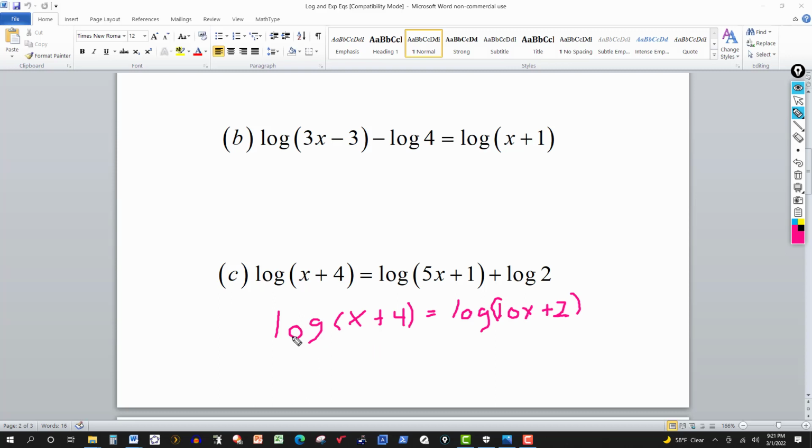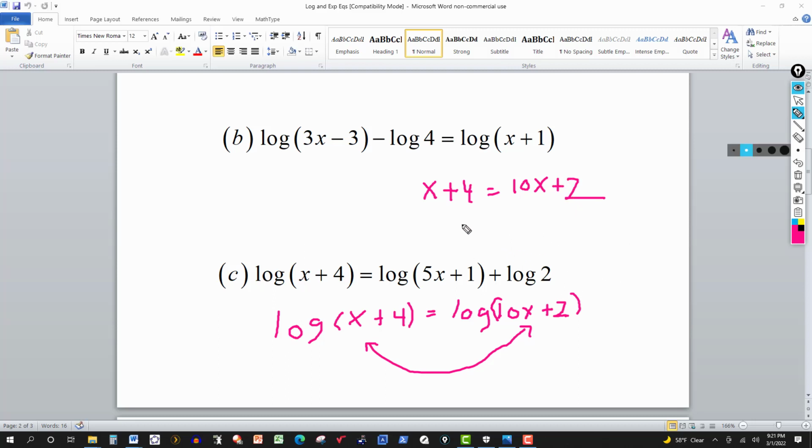Now I have a single log on each side. Log of this is equal to the log of this. That means that these two things inside there have to be equal. So all I have to do is say that x plus 4 is equal to 10x plus 2.